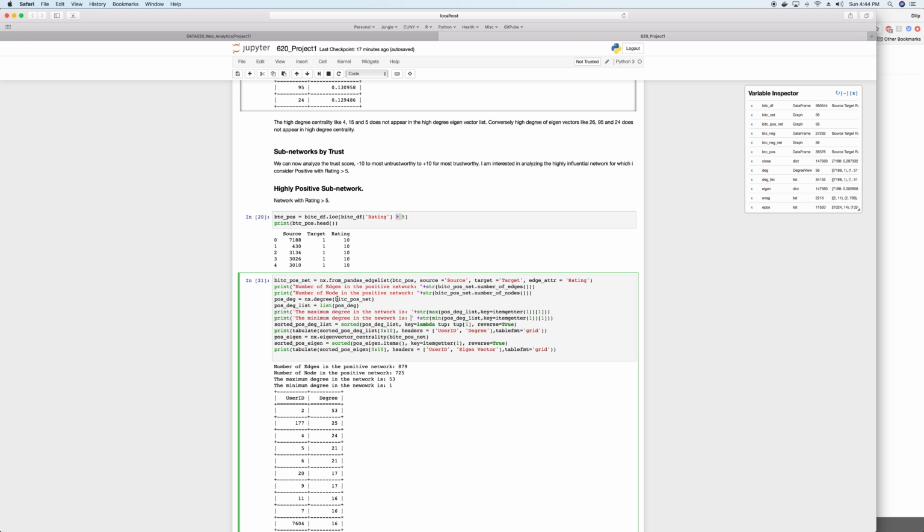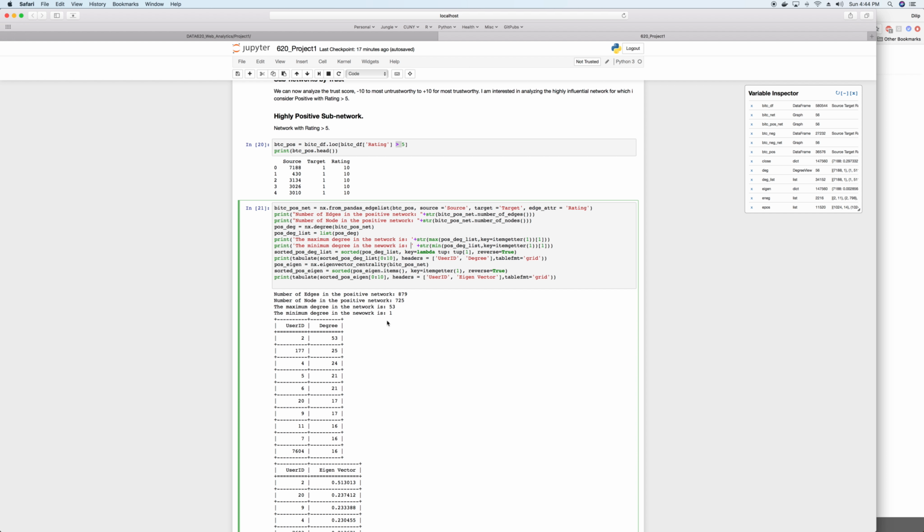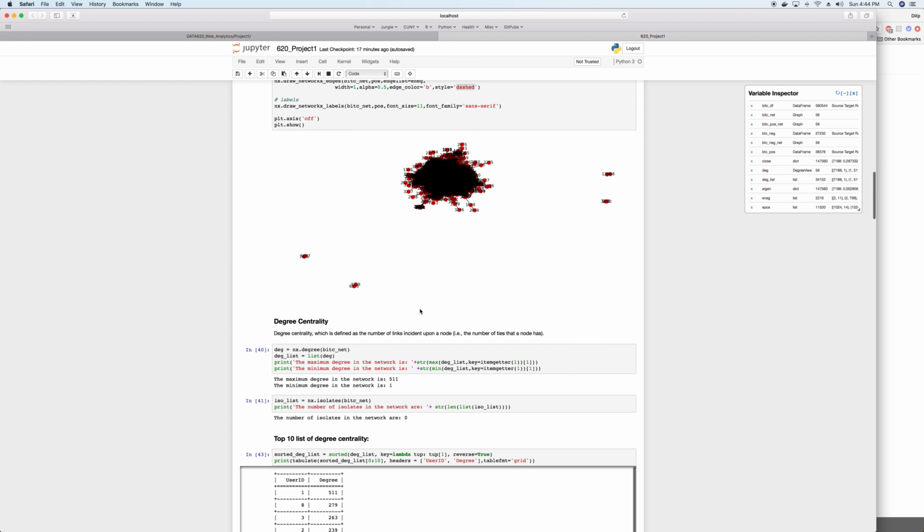We wanted to list out the number of edges in the positive network and what the degree centrality is in the positive network. And if you see, the number of nodes in the network is 725. So, not the positive network, I won't say that, but the network with a rating greater than 5. It is 725 nodes out of how many nodes?